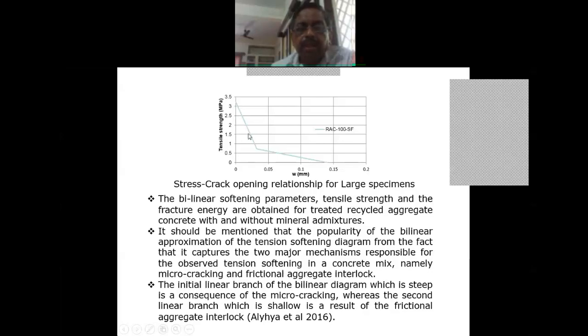So the energy in this area is also reduced, and that leads to the reduction in the total fracture energy and other things also. And this shows that because of microcracking between the aggregate and the old mortar and the new mortar and aggregate surface zones, there will be frictional forces and other things.